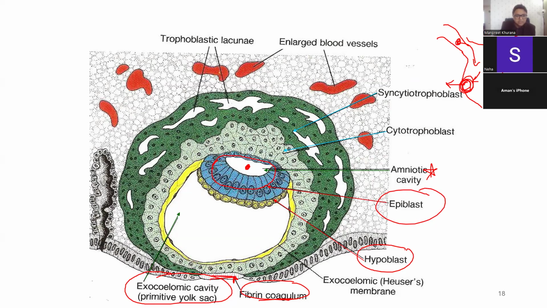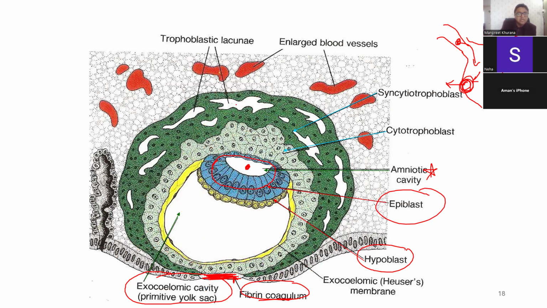That is the reason there is a fibrin coagulum here. So the embryo has gone inside the uterine membrane, and all these structures are formed. Now it is resting here. At this stage, it is resting inside.